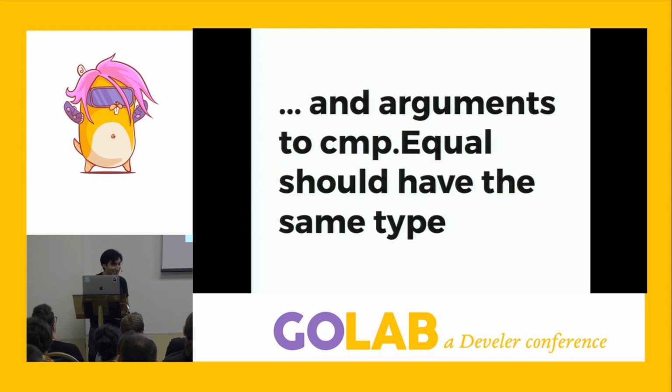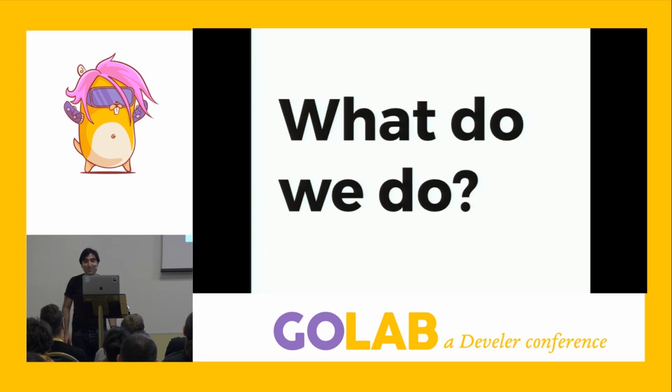But, you know, this is just something that is easy for a computer to look at and hard for a person to look at. And the computer knows this rule, that all arguments to comp.Equal should have the same type. So what do? I think I'm spoiling the solution a little bit.